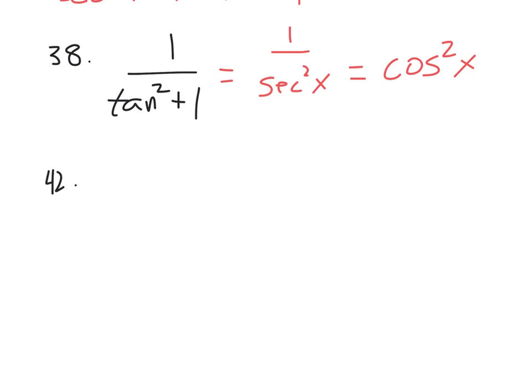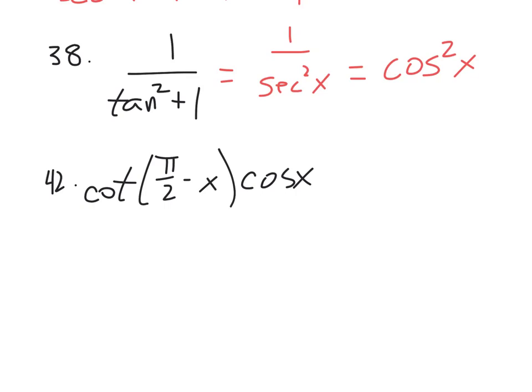And then I'll do 42. And again, right away when you see this little setup, this is one of those co-function ones. It would be awesome if you memorize all those.